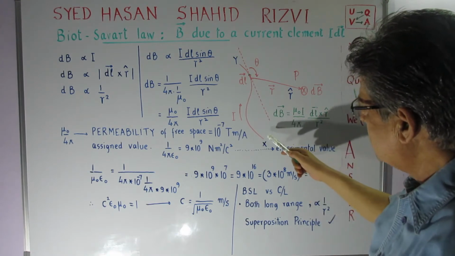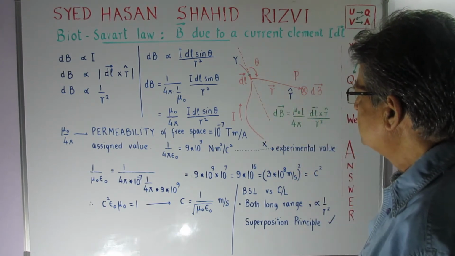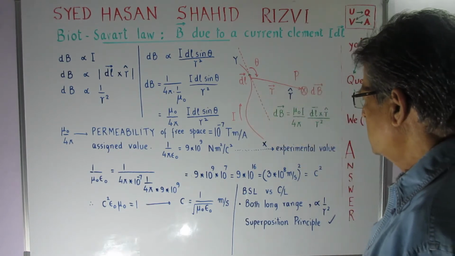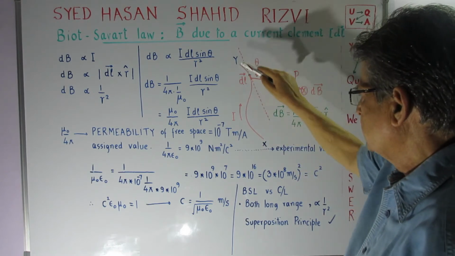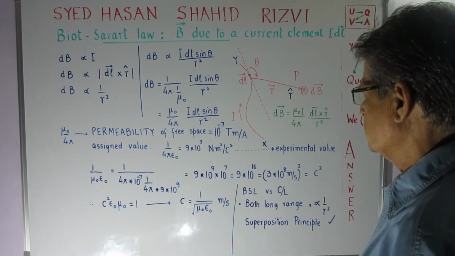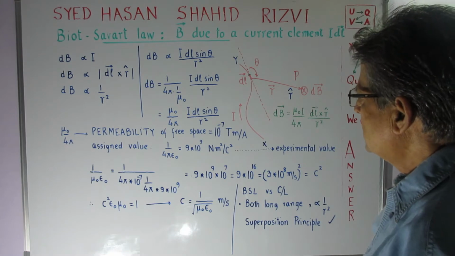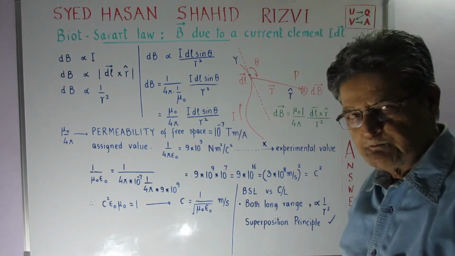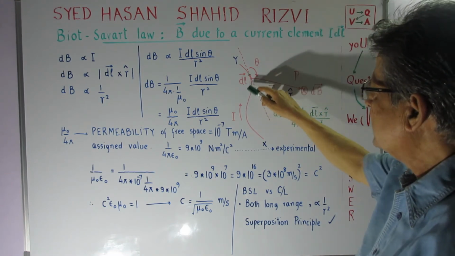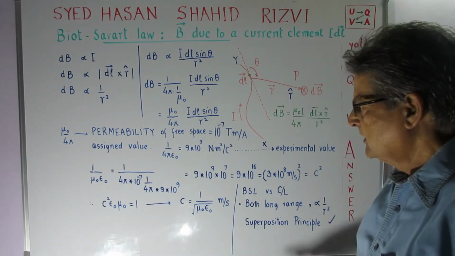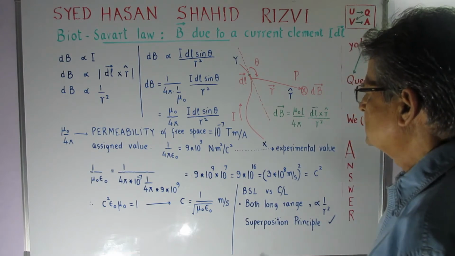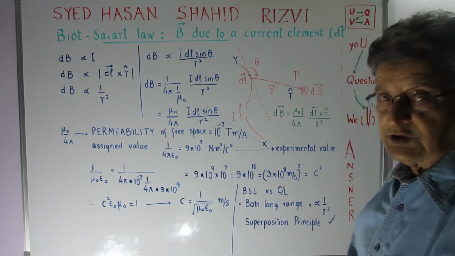Here I have just shown XY as a wire which is carrying a current I from a positive polarity to a negative polarity. This is conventionally the current carried by positive charges. Okay. Now the DL element that we take, the length element, is in the sense of capital I. I'm not saying in the direction of capital I, because that makes capital I a vector, which it is not.